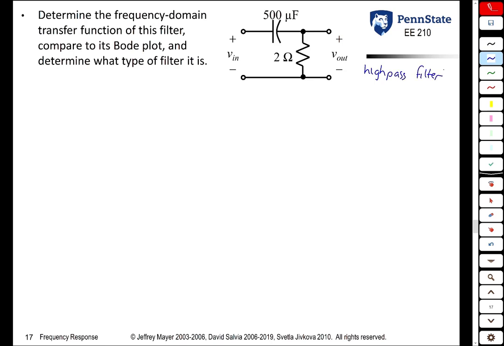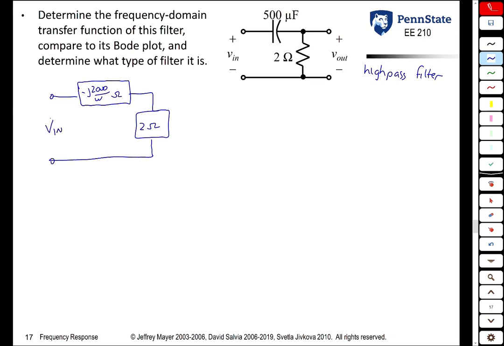We can look at this mathematically just like we did for the previous circuit by drawing the circuit in the phasor domain. So the capacitor in the phasor domain is minus J over omega C, or minus J 2000 over omega ohms. The resistor's impedance is just 2 ohms. It's not a function of frequency.